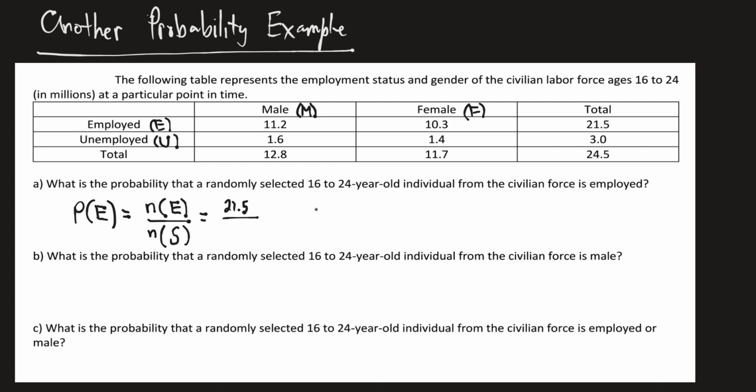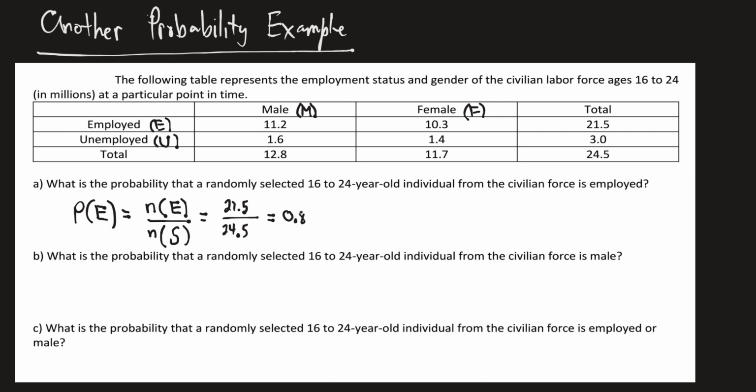But it's 24.5. I don't need to express it as an actual million, because since I'm taking a quotient, the million will cancel out. So I really just have to take the 21.5 divided by 24.5, and then I'll round this to 3 decimal places, or 4 decimal. I like 4 decimal places.